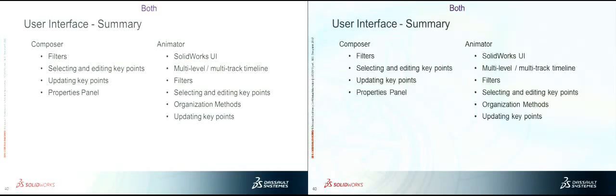The timeline has a lot more tracks to see individually. That can be good at sometimes, bad at others. So I have to get into a lot more organization. Where you get a very long tree, I use a lot of folders to compress it down so I get the things I want, but I've got good granularity to get to the key points. I do have filters, which I didn't show you. Selecting and editing key points is still pretty much the same on both sides here. And updating is pretty much the same.